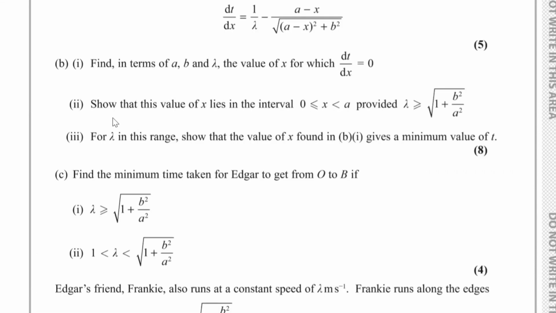Now, for this particular value of x, we have to show that this value of x lies in the interval 0 less than or equal to x, which is less than a, provided lambda is greater or equal to the square root of 1 plus b squared over a squared.